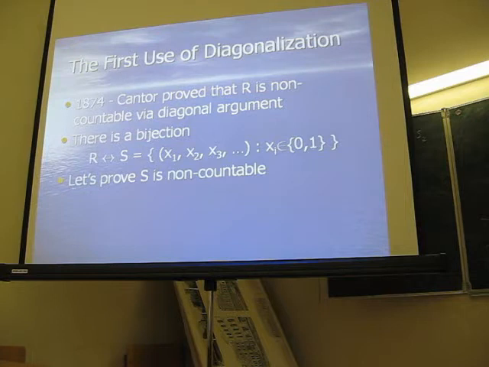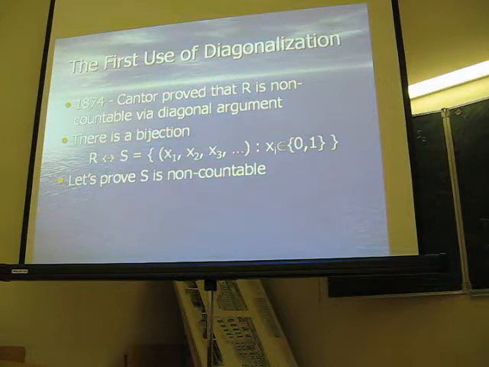And in 1874, Cantor had to invent this method, the diagonal argument, in order to rigorously show that the set of all real numbers is non-countable. So let us follow his steps.